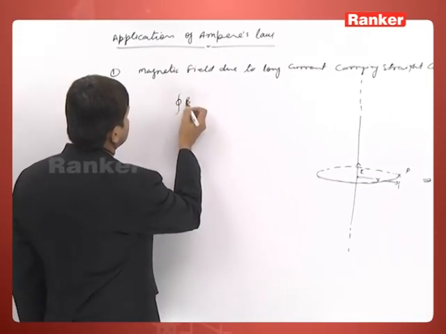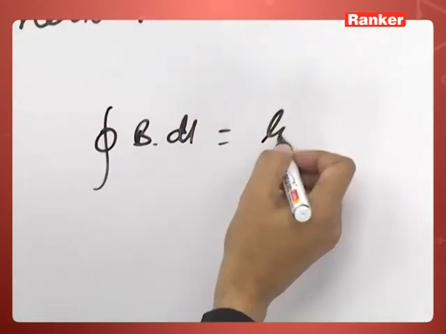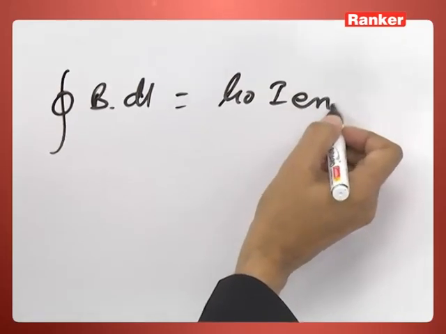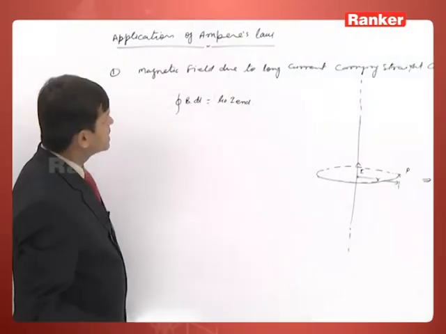Here, B dot dl is mu naught I enclosed according to Ampere's law.